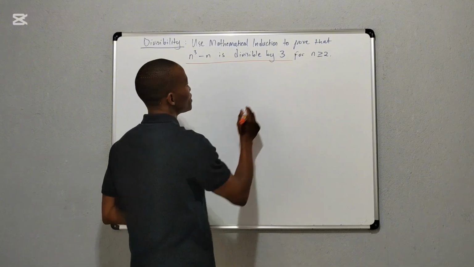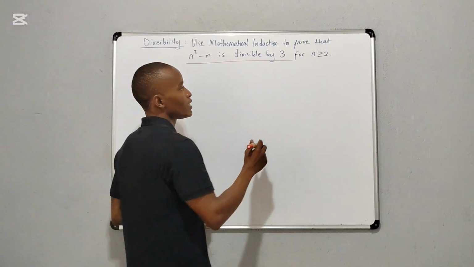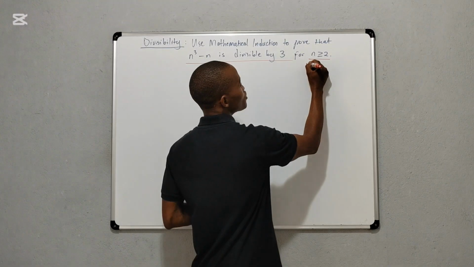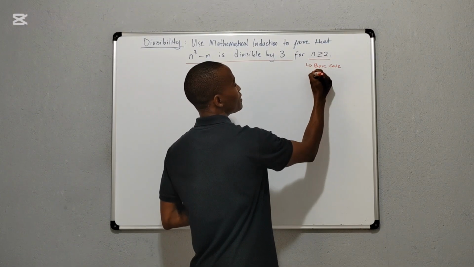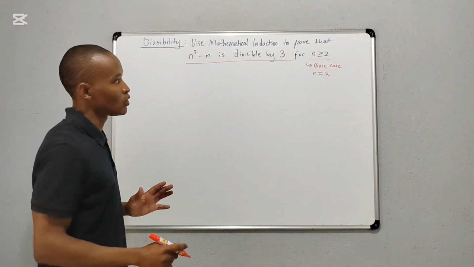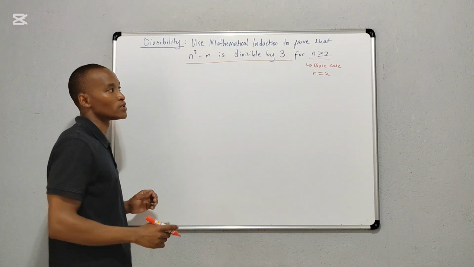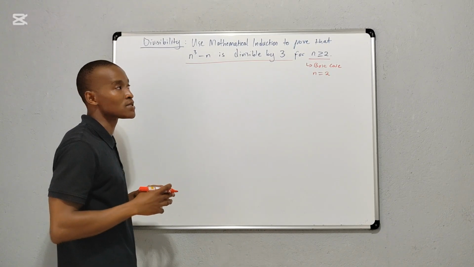We need to prove divisibility by 3 of this given expression for n greater or equal to 2. So our base case here will be n equal to 2. Okay, our lower bound or our lower end point of this restriction on the natural number set.